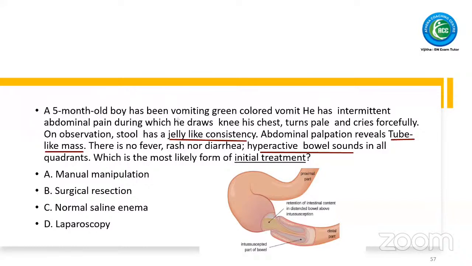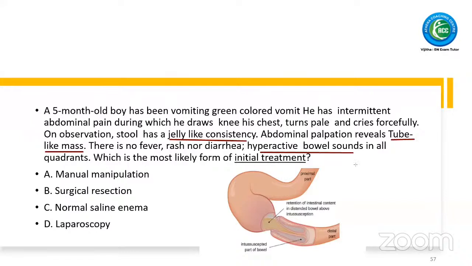Abdominal examination reveals jelly-like stool consistency, a tube-like mass, or it is considered a sausage-shaped mass. Okay, sausage-shaped mass. No diarrhea, no fever, so it is not related to infection.